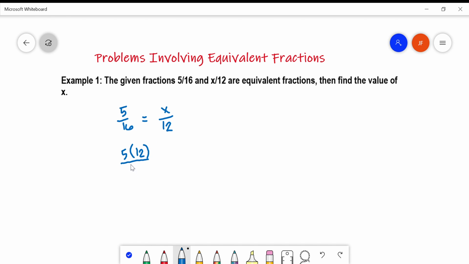And the case also applies to higher math beyond arithmetic. Okay, so we have now 5 times 12 by cross product, by concept of ratio and proportion. So over 16. Okay, so that is equal to x.